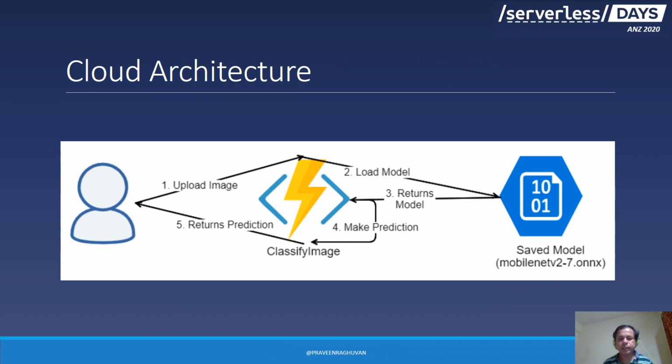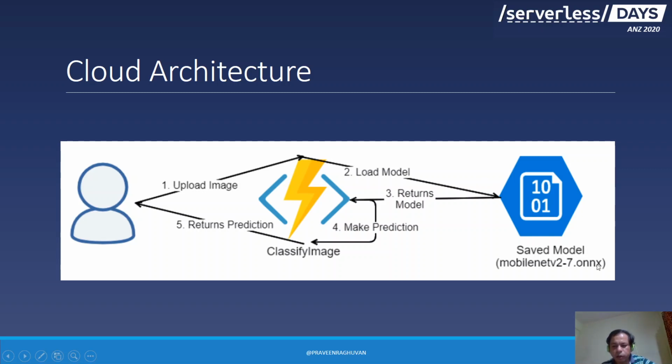So this is the architecture I'm going to use for the application that I have developed today. This is a user, which is nothing but your REST client in today's scenario. What he will do is he will upload an image to the Azure function, which has exposed an API such as classify image, and we will be loading a model.